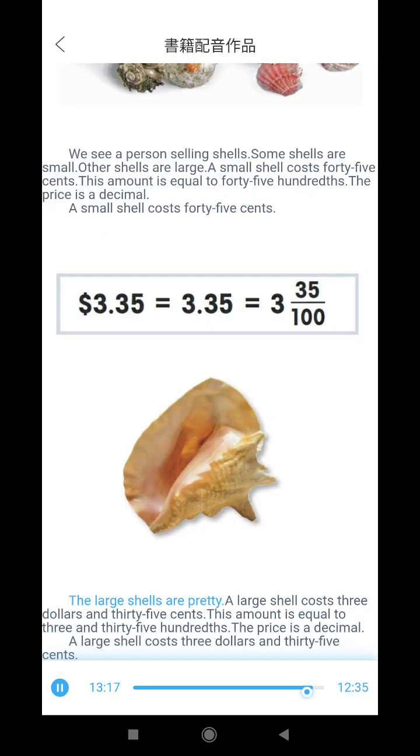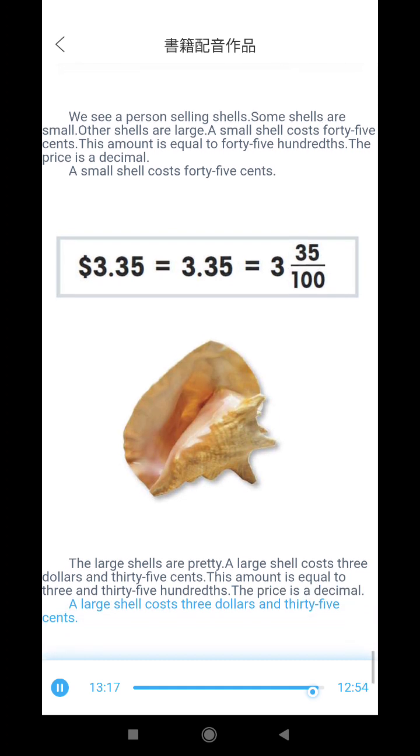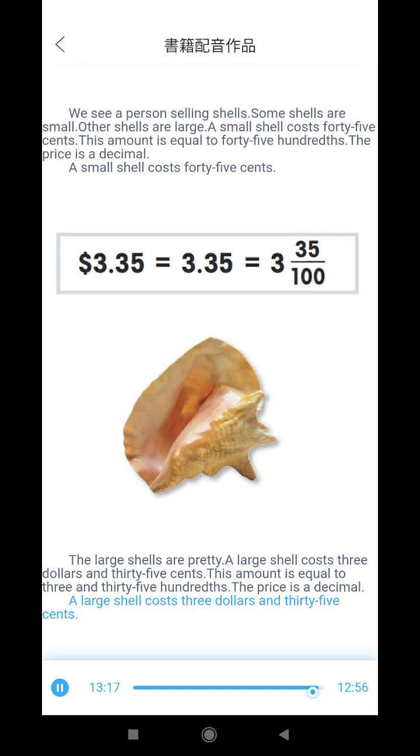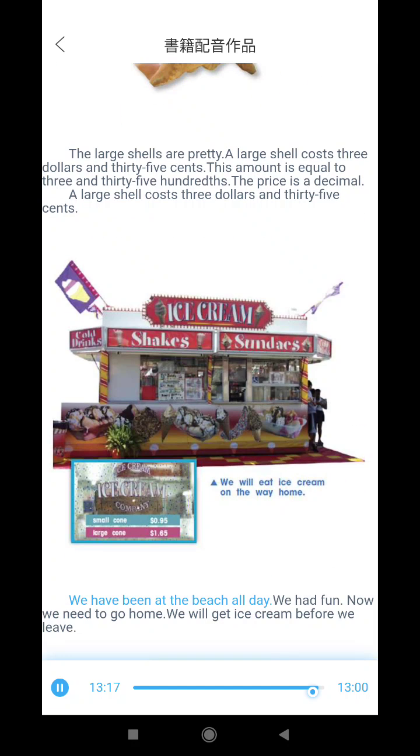A small shell costs 45 cents. The large shells are pretty. A large shell costs $3.35. This amount is equal to 3 and 35 hundredths. The price is a decimal. A large shell costs $3.35.